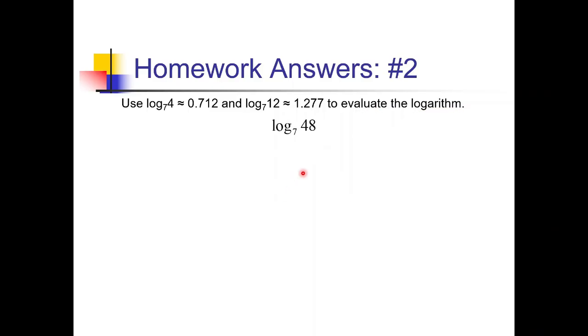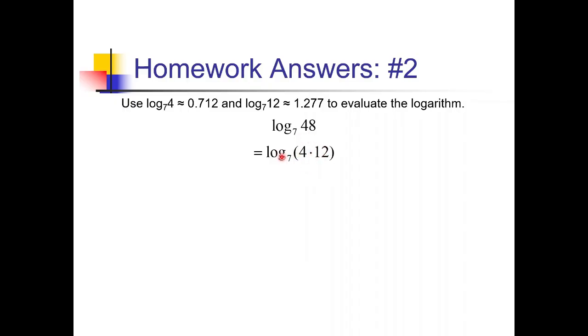For this next problem, I'm trying to find log base 7 of 48. And they gave me log base 7 of 4 and 12. So how can I turn 48 into something with a 4 and a 12? Well, 48 is 4 times 12. So let's break it up into that. And now I can use my property of logs where multiplication turns into addition of logarithms.